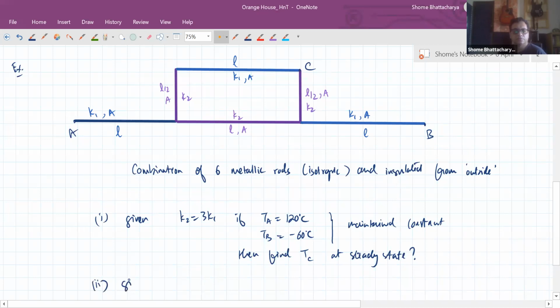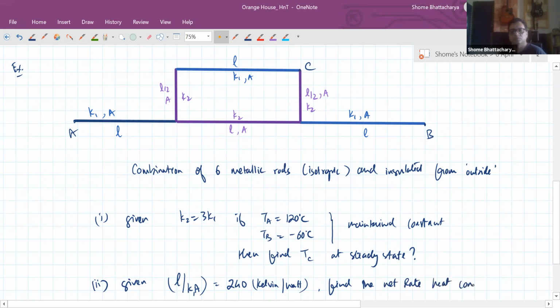And second, given that L upon K1A equals, let's say, 240 Kelvin per watt, find the net rate of heat conduction at steady state between A and B.